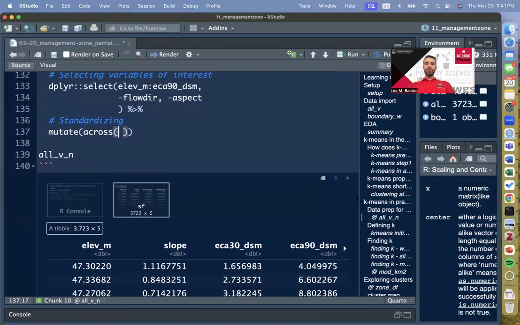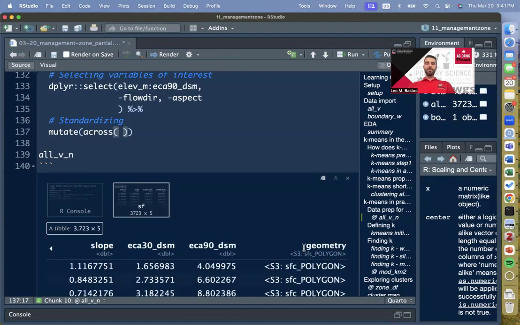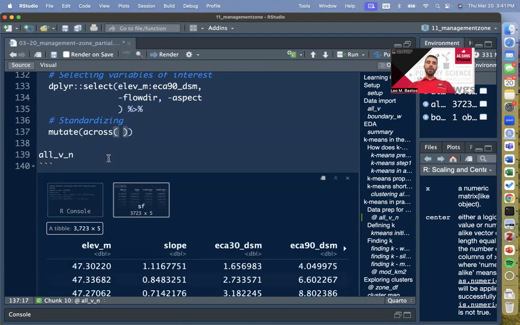One way is to say only the numerical columns. In this case, it is going to be everything except geometry. The way that we can say only numerical columns in code is to use the function where and then say is.numeric inside of it, and then close parentheses of that where. So this is basically saying whichever column is numeric, select them to do what we're going to do next.